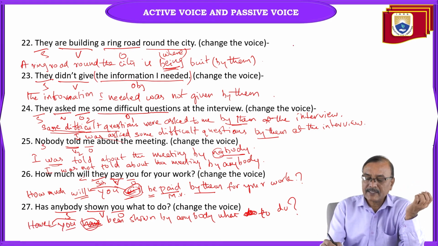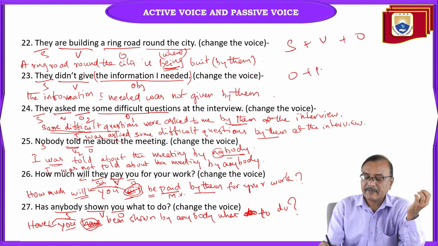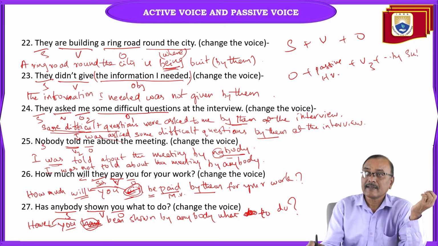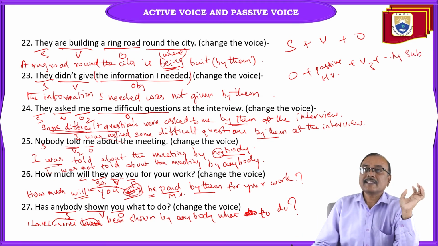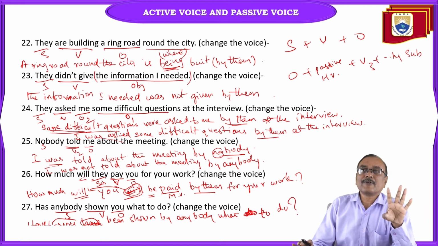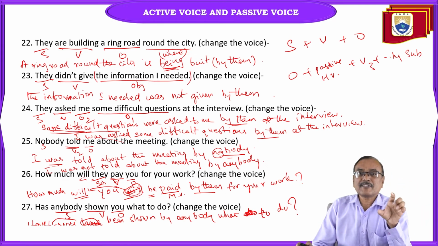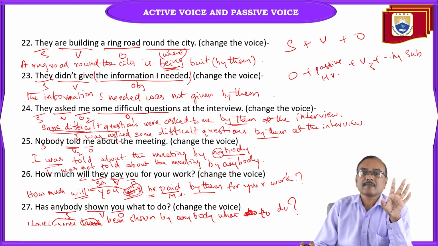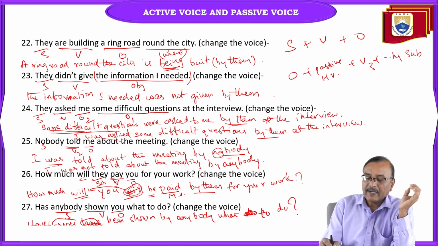The only thing is, in active voice the order is S, V, O. In passive voice it is O, passive helping verb plus V3 form, by subject. If you remember, it is in 4 steps. Easy. In the 4 steps also, mainly only one step is very, very important. The remaining are easy.